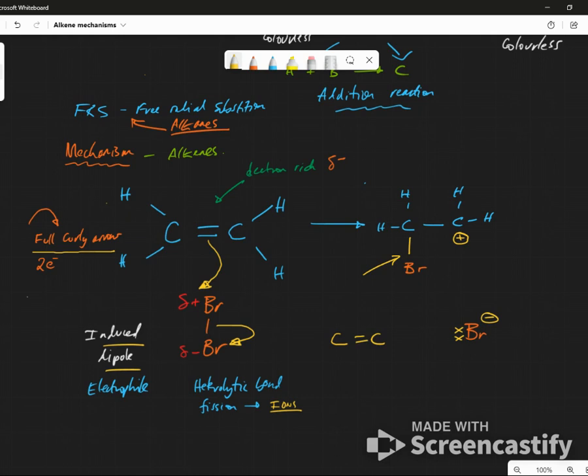Okay, so this is the double bond, and the Br plus, because it becomes a Br plus because it is heterolytic bond fission, and you get ions formed. So do you understand a Br plus joins the molecule? Do you understand that? Excellent. Now, we're looking down here now.